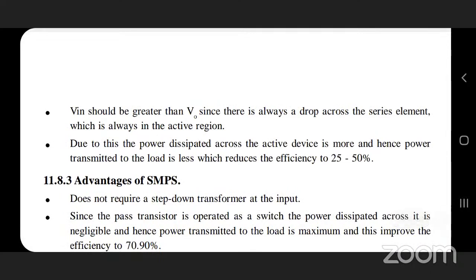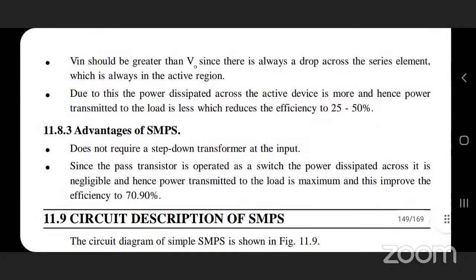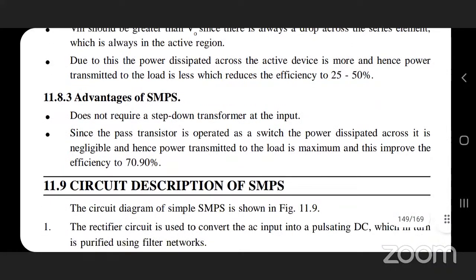The input voltage should be greater than the output voltage, and there is always a drop across the series element. Due to this, the power dissipated across the active devices is more, and hence the power transmitted to the load is less, which reduces the efficiency to 25 to 50%.